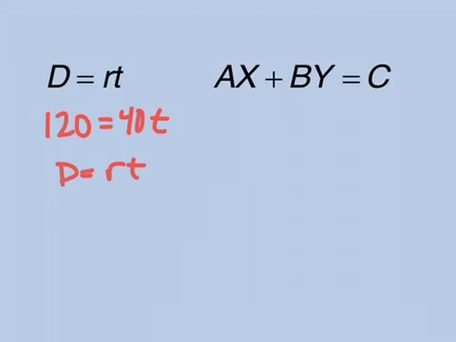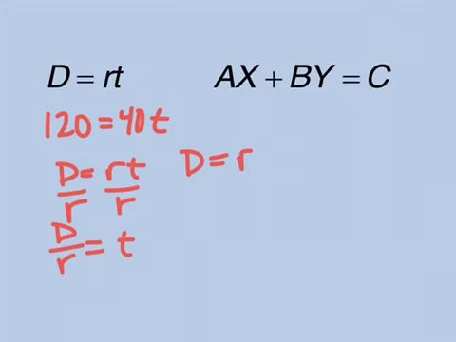To solve this for t, you would divide by r, and now you know that time is whatever the distance is divided by the rate. You can do the same thing if you need to know the rate. Take out the t, and the distance divided by the time is equal to the rate or the speed.